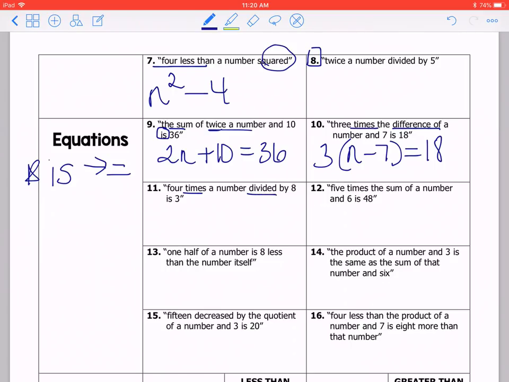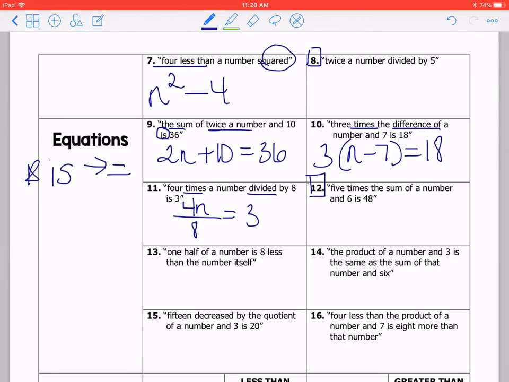So 4 times would be 4n divided by 8 is 3. 12 is like 10, so I want you to try that one. That's yours.